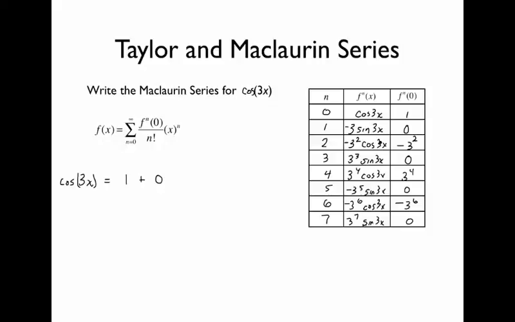And then when n equals 2, it's going to be minus 3 squared over 2 factorial x squared. Okay, and then plus 0.